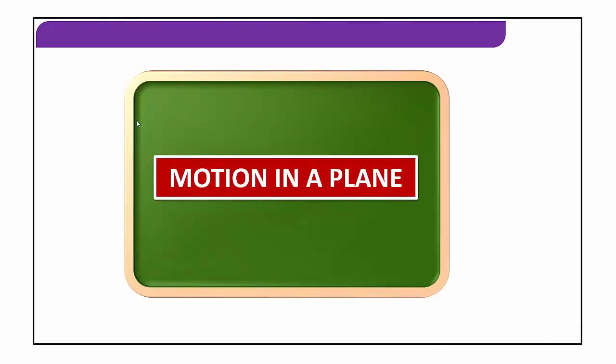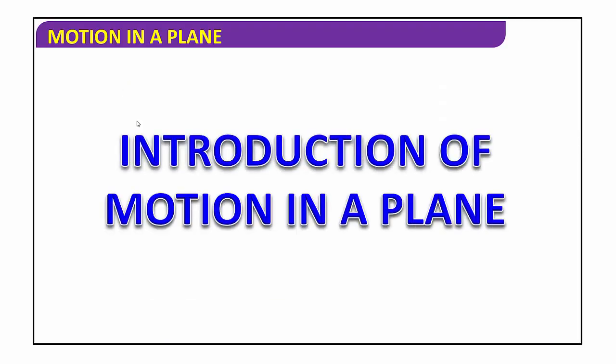So, motion in a plane. In this chapter, let us study the introduction part of motion in a plane, because till now we concentrated only on vectors. Now we are going to move to the next part of this chapter, which is very important, and that is projectile motion.